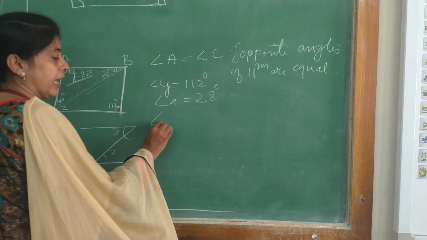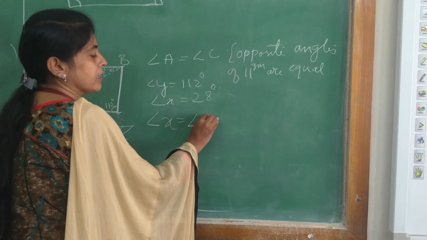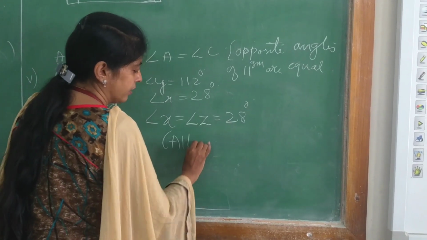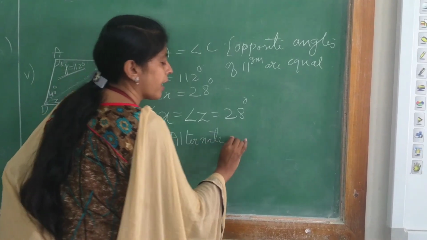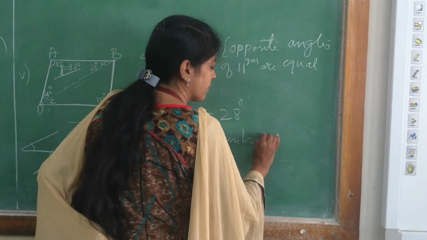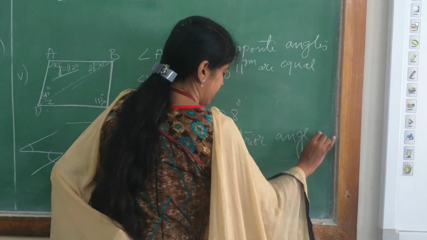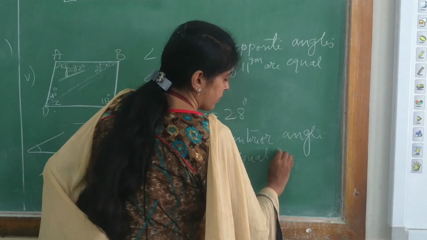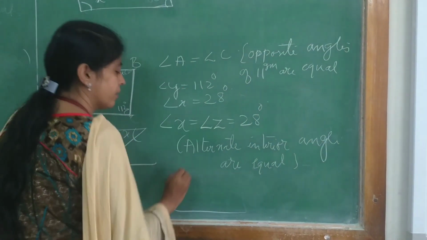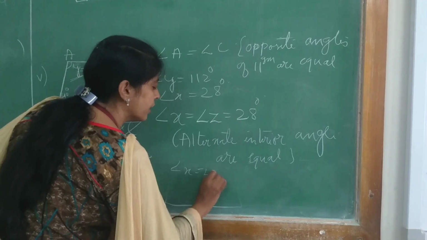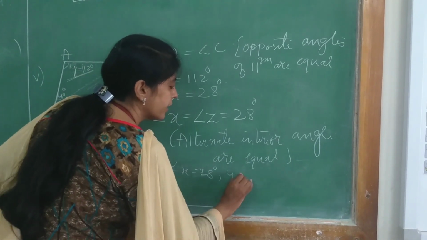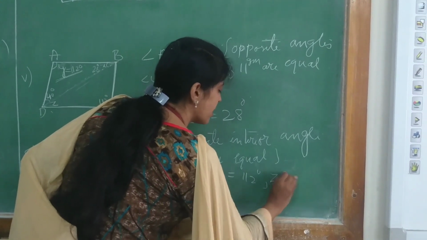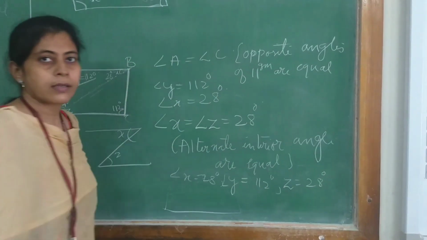So I can write angle x is equal to angle z is equal to 28 degrees on the basis of alternate interior angles are equal in measure. So now we found angle x to be 28 and angle y to be 112 and angle z as 28 degrees.